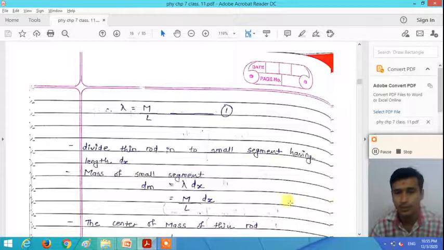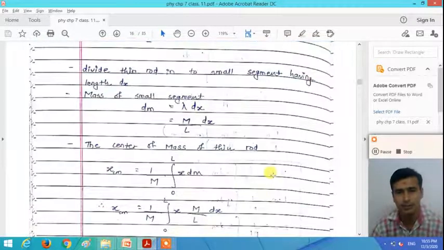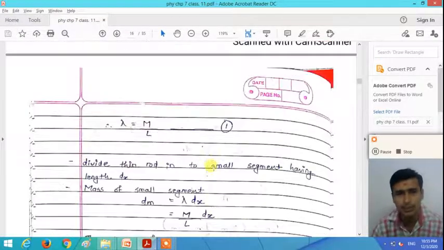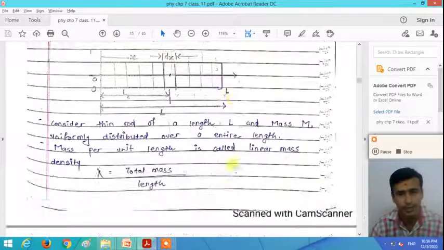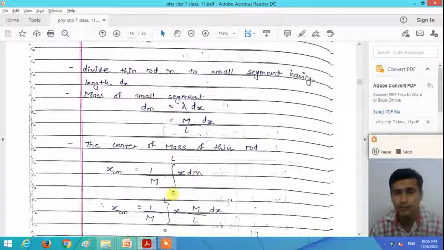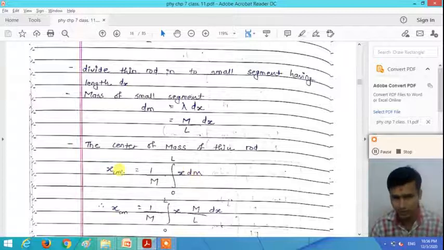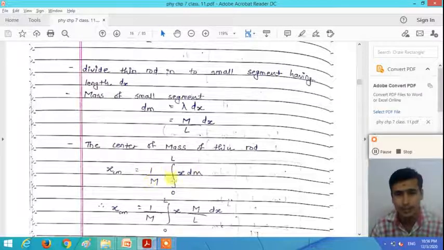Now, how can we calculate the center of mass of the thin rod? Over the x-axis, we take the x coordinate: xcm is equal to 1 by M integration of x dm, and the limit of integration for the small segments is from 0 to L. So xcm is equal to 1 by M integration from 0 to L of x dm.